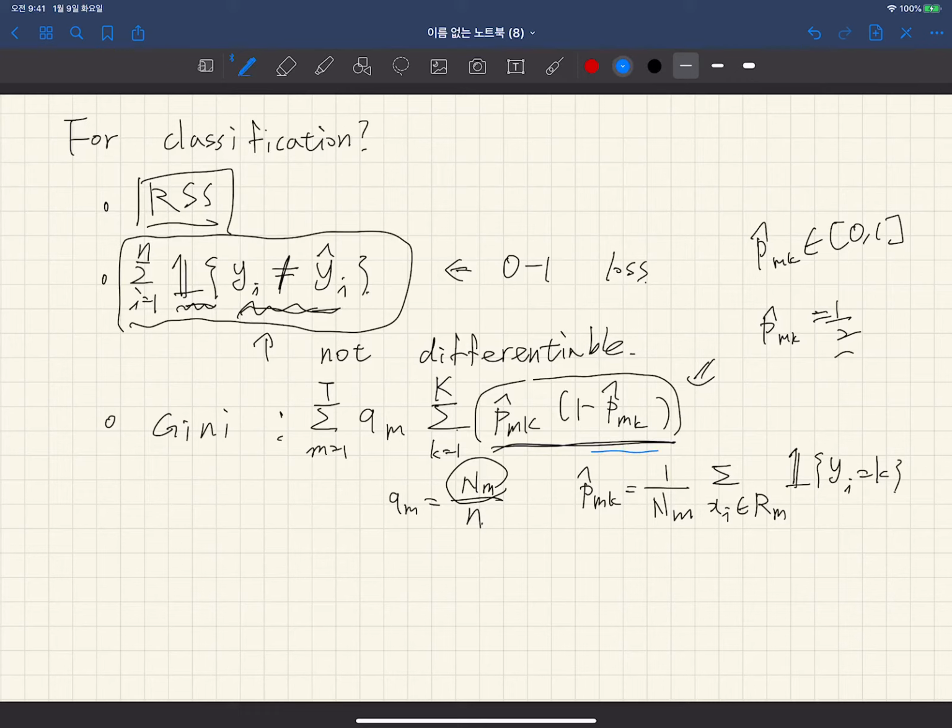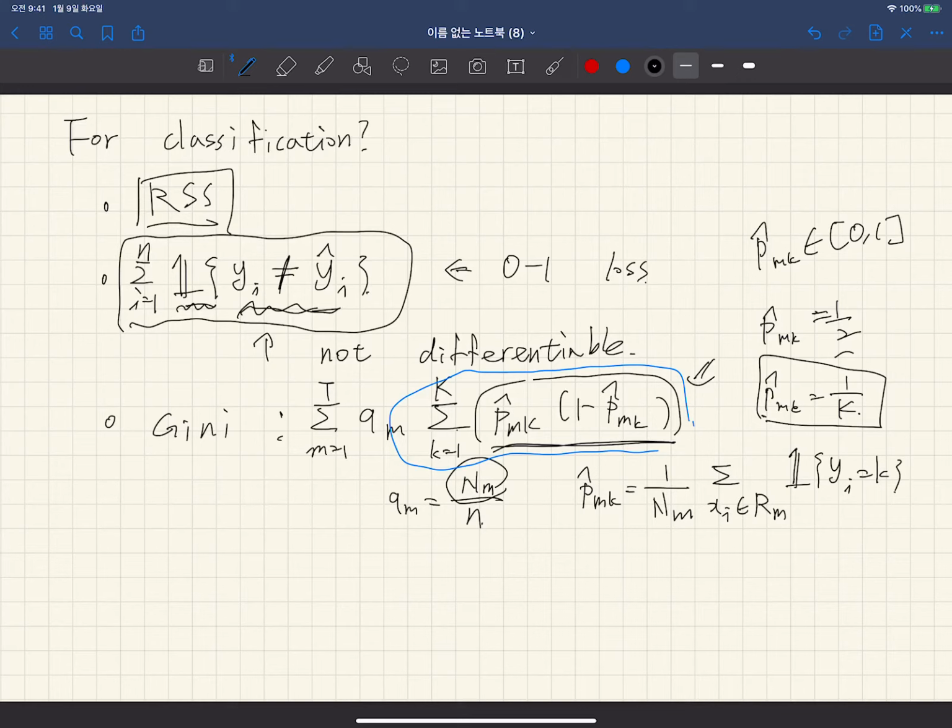When you consider the entire sum, this is maximized roughly when p hat mk is equal to 1 over capital K, because you have the constraint that the sum of p hat mk should be equal to 1. So basically this Gini index is maximized when p hat is almost equally distributed.